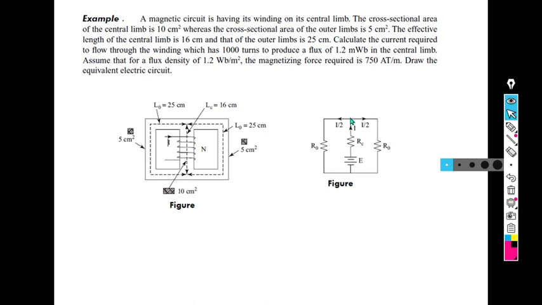Now you can take Ni equal to the voltage drop of this path, that means I RC, plus the voltage drop of the other path, I by 2 into R naught. That means Ni is equal to I RC plus I by 2 into R naught. From this equation you can solve.